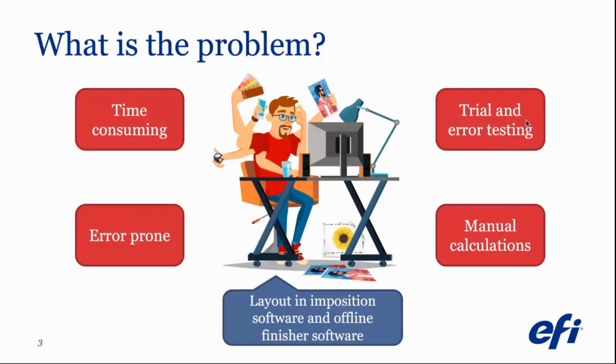And since these two systems don't talk to each other, the operator has to calculate all the margins and gutters to make sure the layout can not only be printed correctly, but also finished correctly. And he sets up settings in one system and then converts the settings manually for the other system, all the while making adjustments through trial and error with test prints.